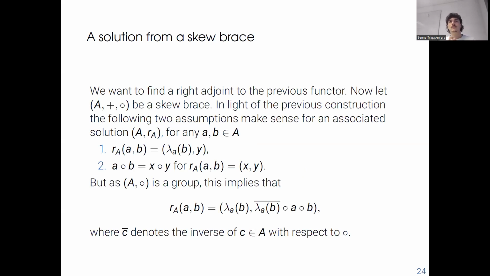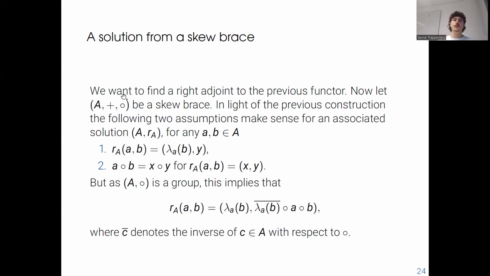In light of the previous construction, there are two assumptions that one could put. First of all, recall that the sigmas were used to obtain the lambda action, so it also makes sense the other way around.